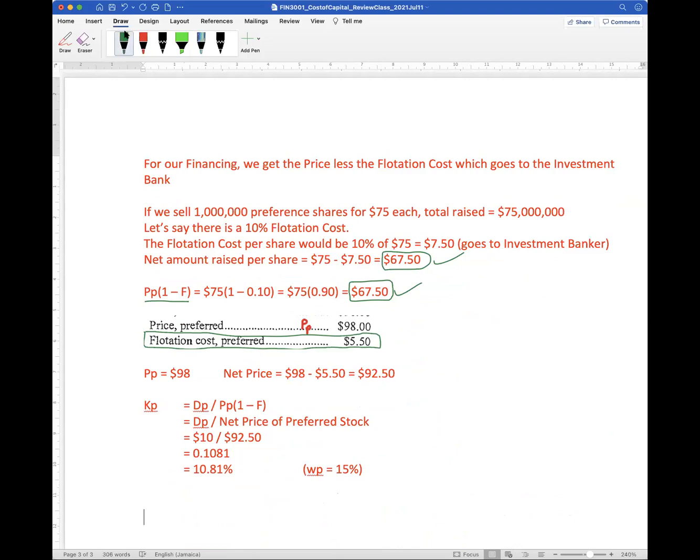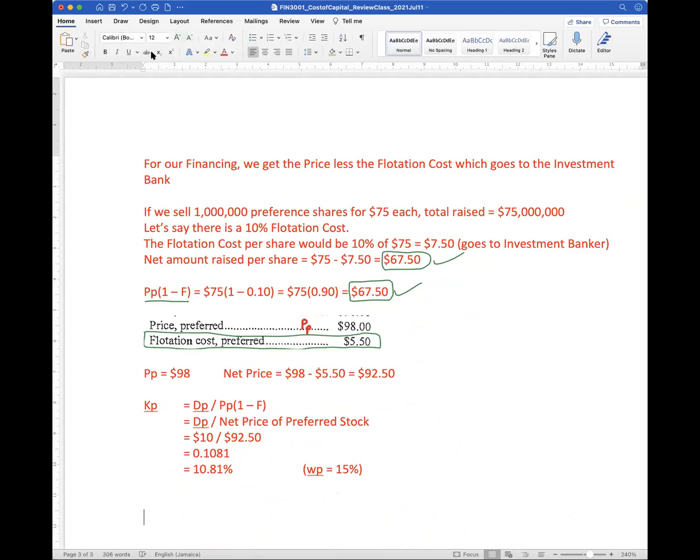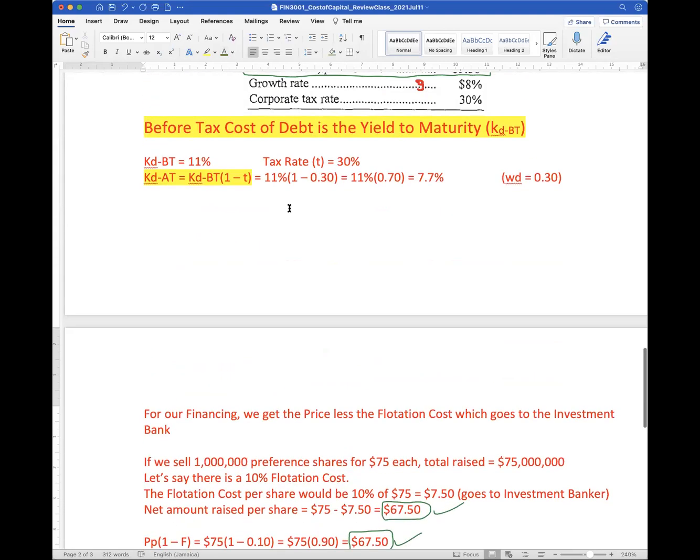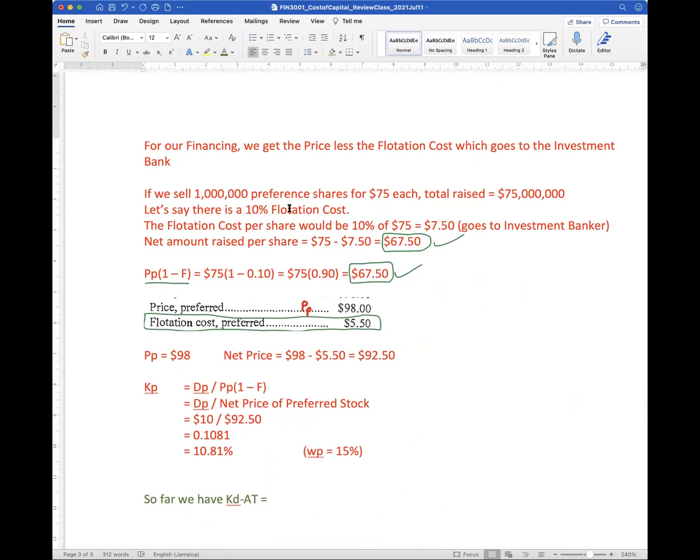So just to recap, so far we have cost of debt after tax equal to 7.7%.